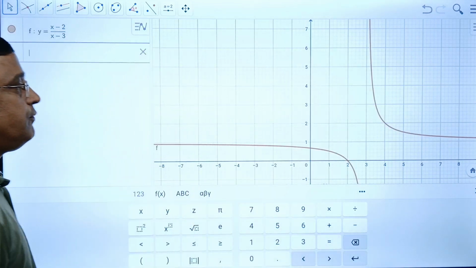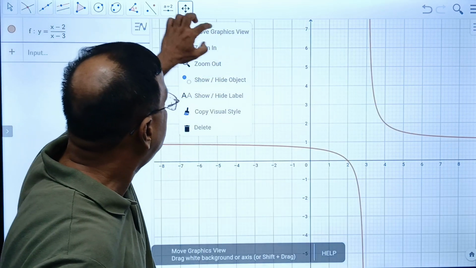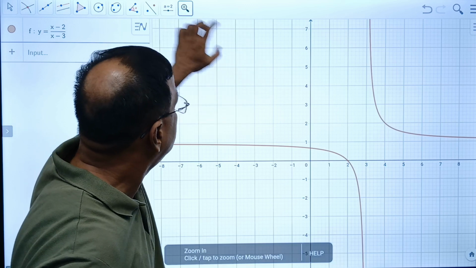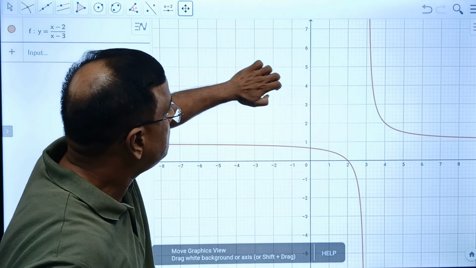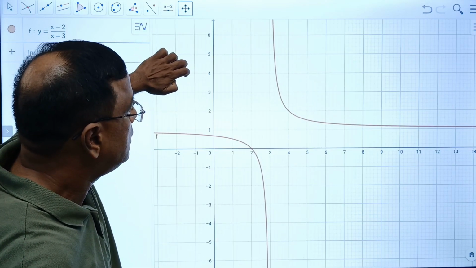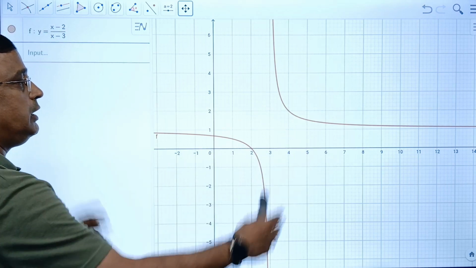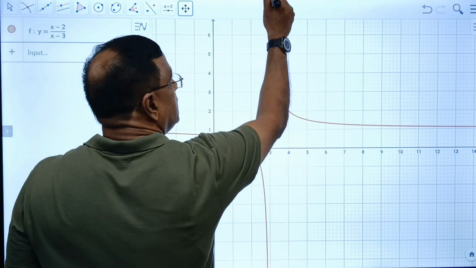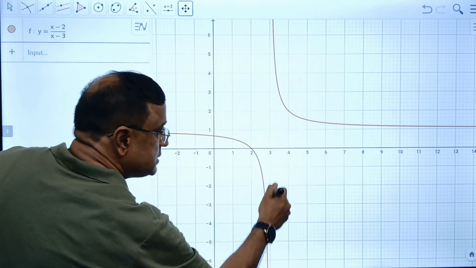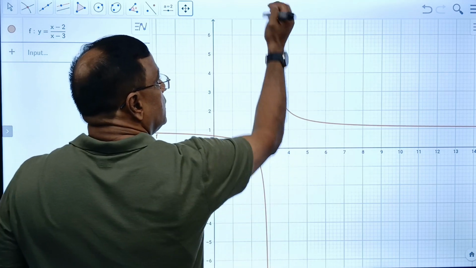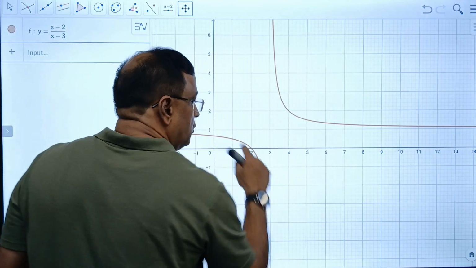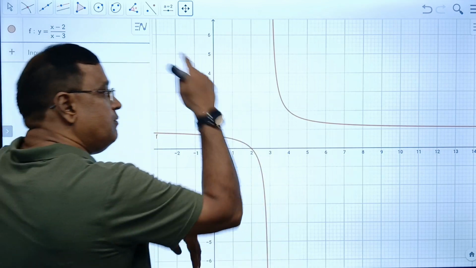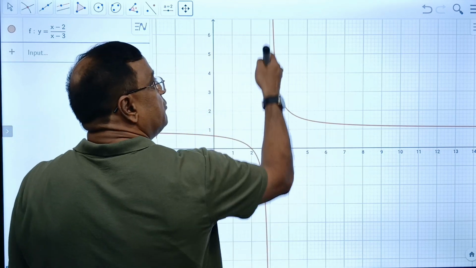Now look at this graph. It's such a lovely graph. Let me bring it this side. Clearly you can see this graph is not defined at x equal to 3. It's an asymptote at x equal to 3. So that is removed. Both these branches of the graph will never intersect x equal to 3.